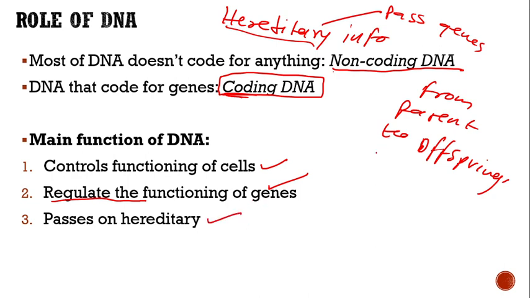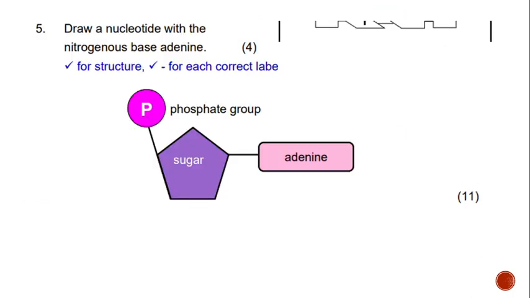To pass on hereditary information, you pass on the big head, the ears, and the nose that your family has from one generation to the next. That is why in most families they look for those features. So those are the main functions: DNA controls functions of the cell, regulates functioning of genes, and passes on hereditary information.